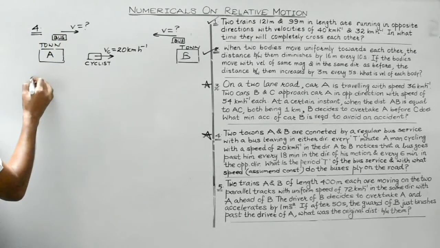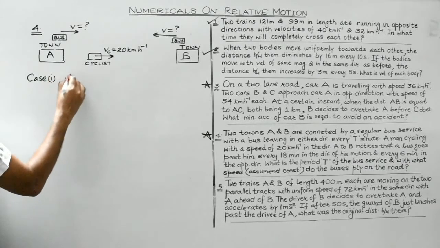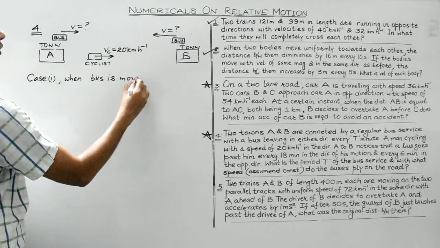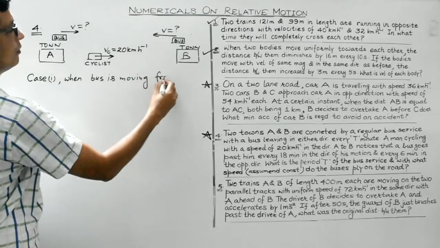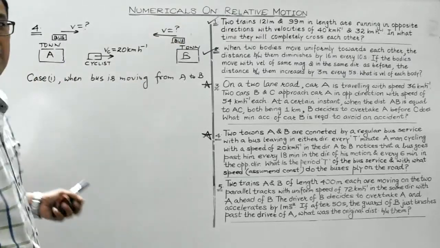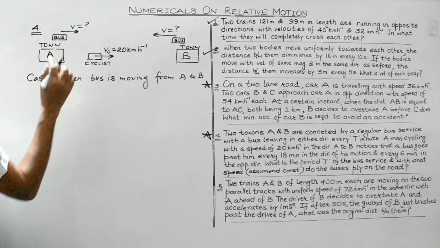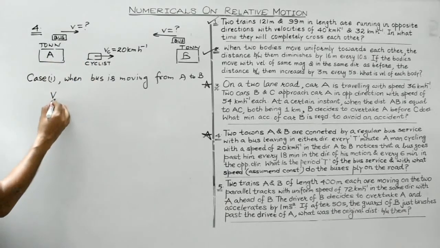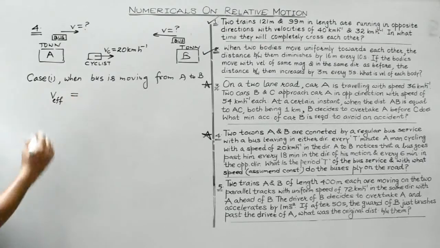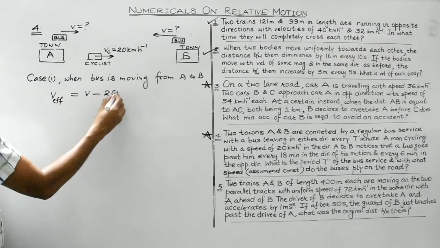So, case 1. When the bus is moving from A to B. So what will be the effective speed of the bus with respect to the cyclist? It will be equal to V minus 20.